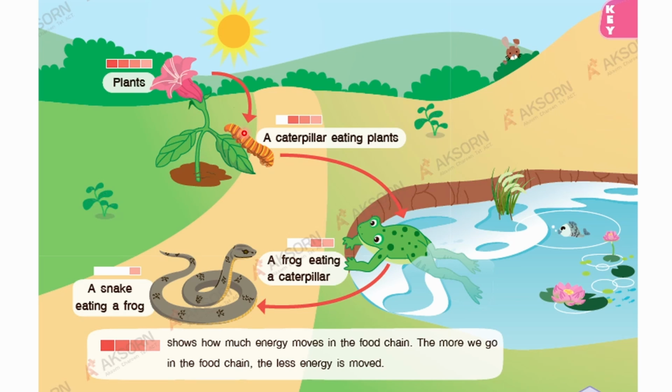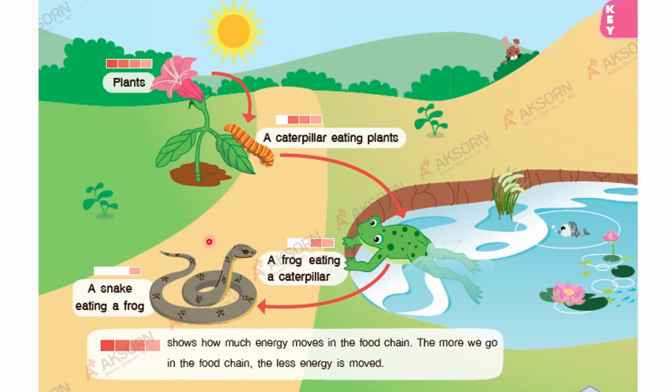On the caterpillar, there are 3 bars of energy. So there is less energy for the caterpillar. The frog eats the caterpillar and the energy is less. You can see now there are only 2. So we have half of the energy from the plant.